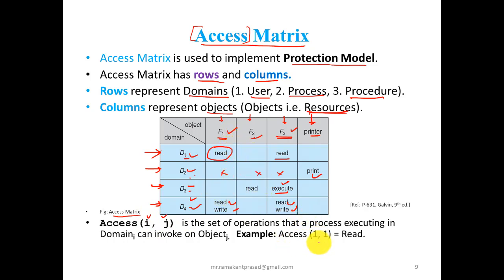For example, suppose access(1,1) gives the read access permission of the file F1. This is the first row and first column, the 1 comma 1, right? So through this we can see D1 has permission to access the file F1.